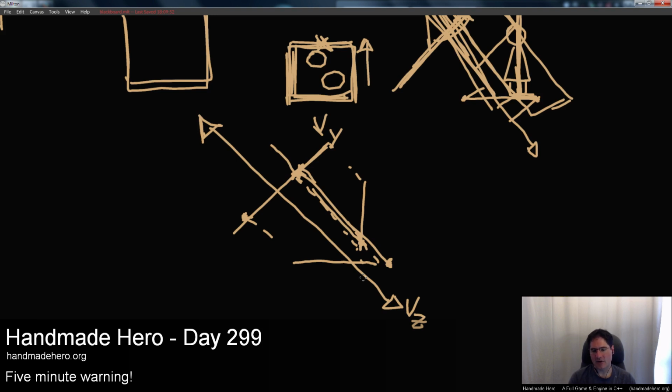And for that matter, now that I think about it, you could think of these as forming a space partition.